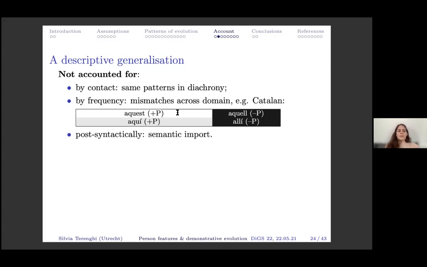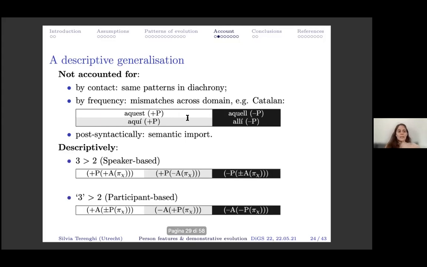And it also doesn't look like a postsyntactic mechanism such as, say, impoverishment can account for this, because this clearly has a semantic import. What instead, at least descriptively, seems to account for the changes that we saw is simply the loss of one feature. So we saw that we have two features in ternary systems, and so we start like this.